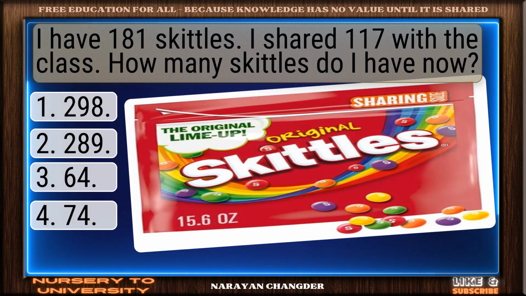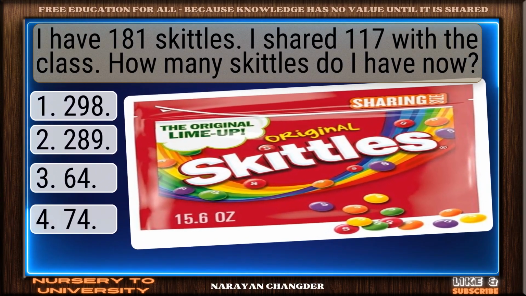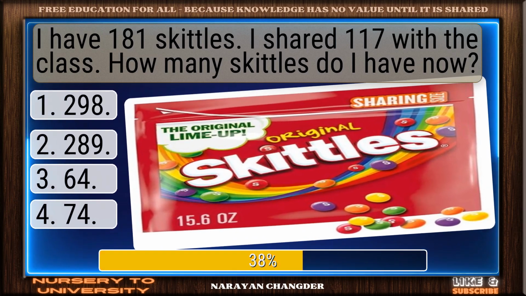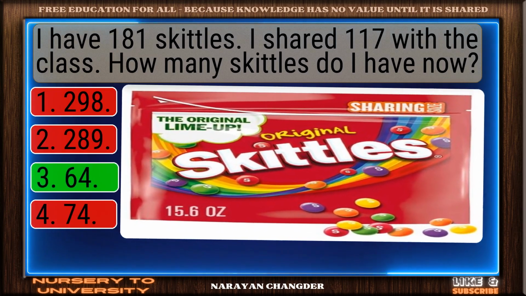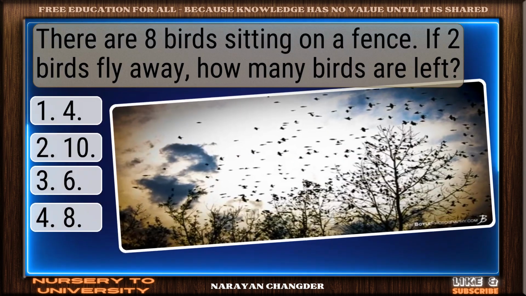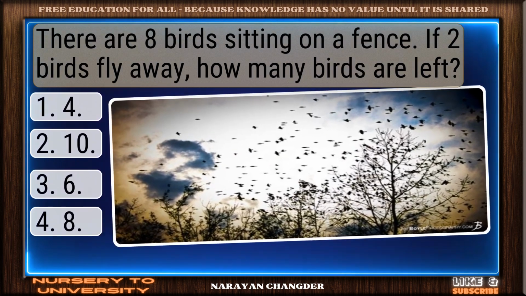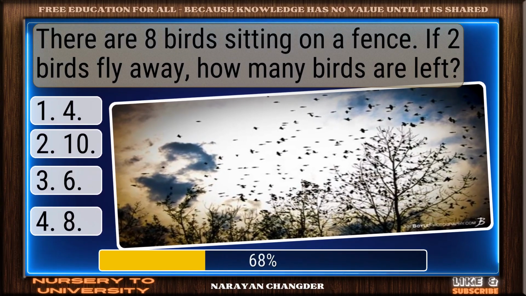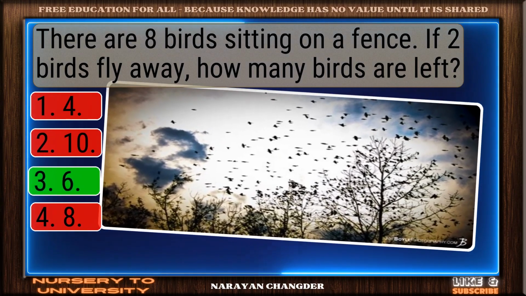I have 181 Skittles. I shared 117 with the class. How many Skittles do I have now? Excellent. 64 is a brilliant choice. There are 8 birds sitting on a fence. If 2 birds fly away, how many birds are left? Exactly. 6 makes sense and it is the right choice.